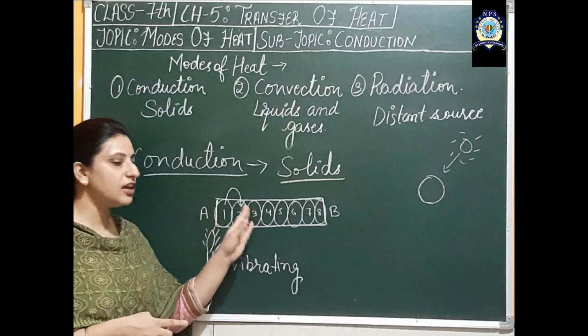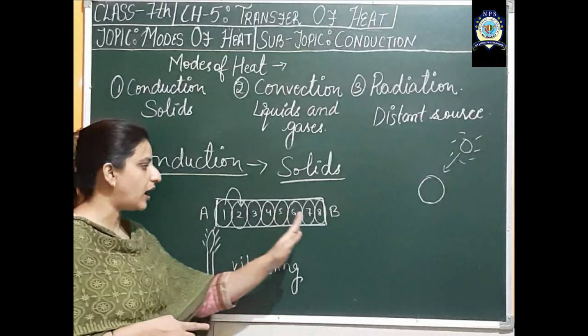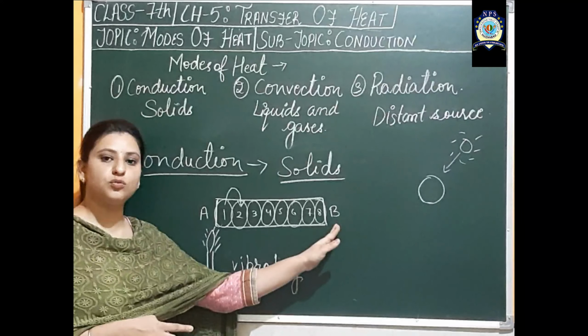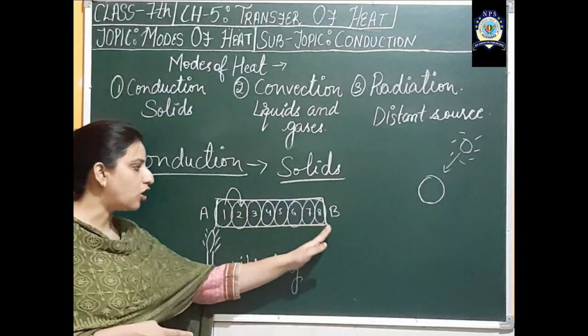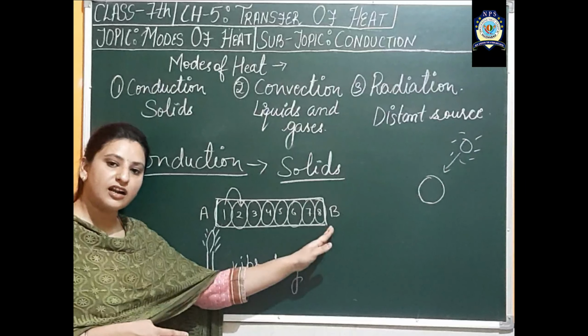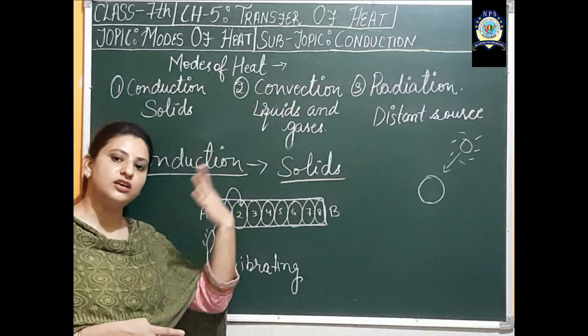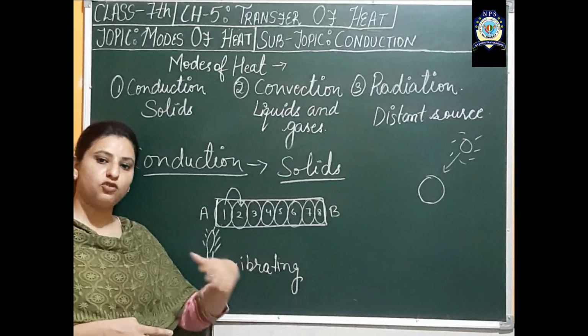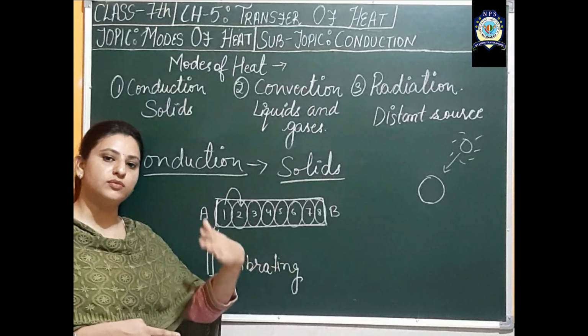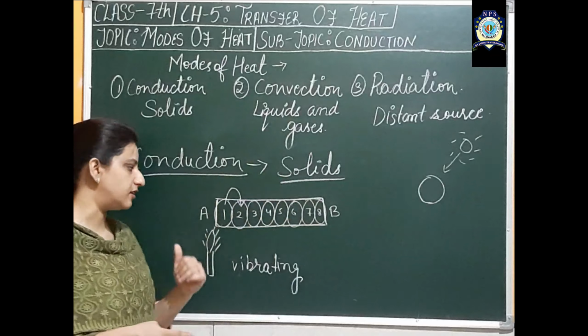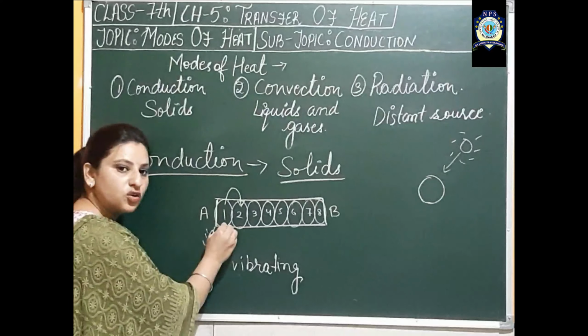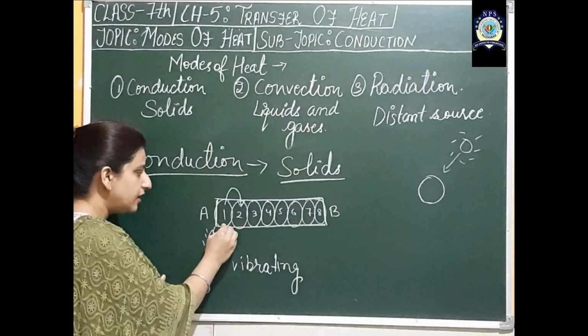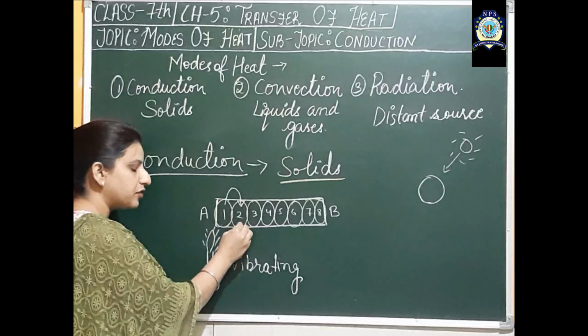So to transfer the energy from end A to end B, or you can say to make the end B hotter, what do the atoms have to do? They have to pass on their heat energy from one molecule to another. Now the first molecule starts vibrating, it will transfer its vibrations in the form of heat to the second.